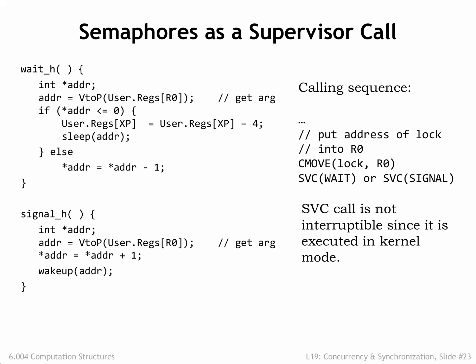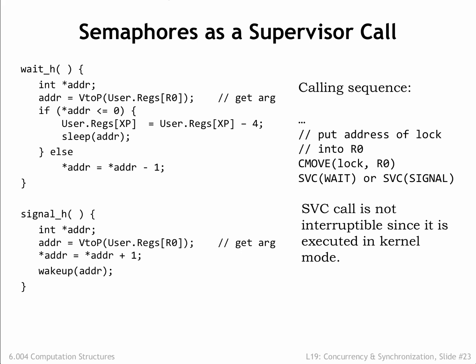The wait handler checks the semaphore's value, and if it's non-zero, the value is decremented, and the handler resumes execution of the user's program at the instruction following the wait supervisor call. If the semaphore is 0, the code arranges to re-execute the wait supervisor call when the user program resumes execution, and then calls sleep to mark the process as inactive until the corresponding wake-up call is made.